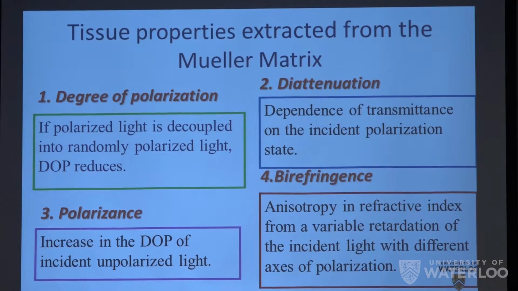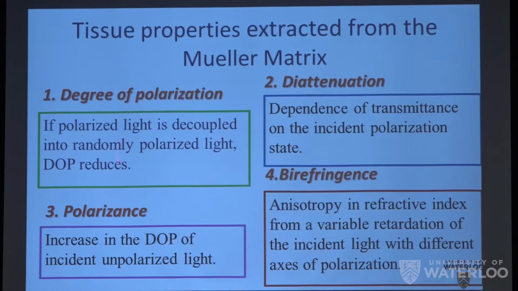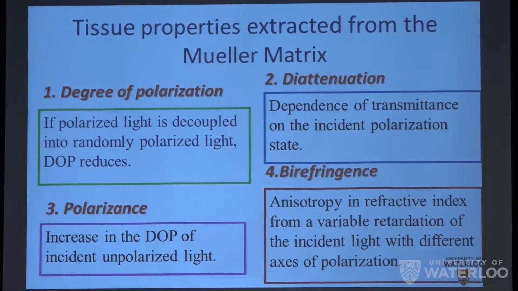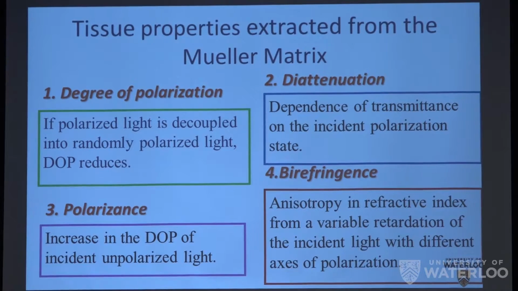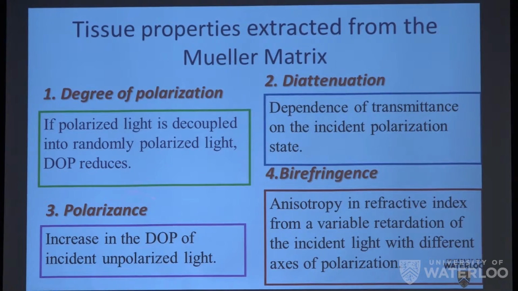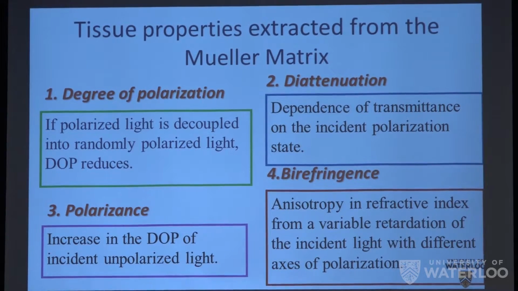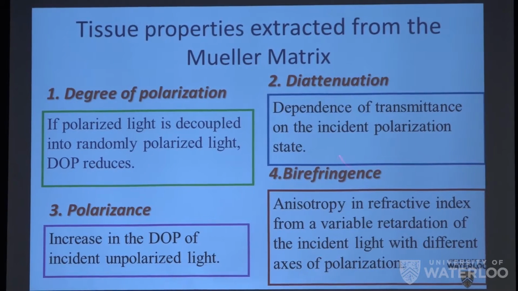So if I send in light that is all in one vibrational state, it's called polarized light, and how much of it then comes out in randomly polarized directions. That would mean that the degree of polarization is reducing. And if I put in randomly polarized light and it comes out polarized, then that's referred to as polarizance. It means that you're interfering with the states of polarization in different ways.